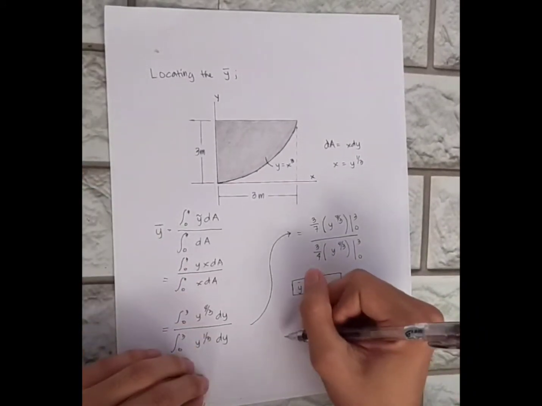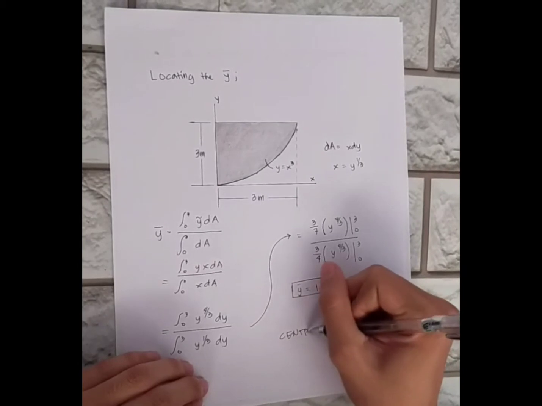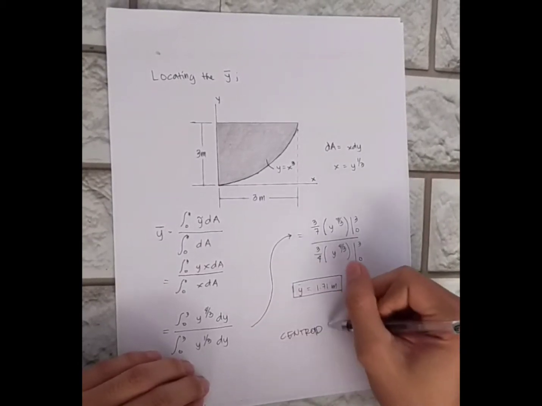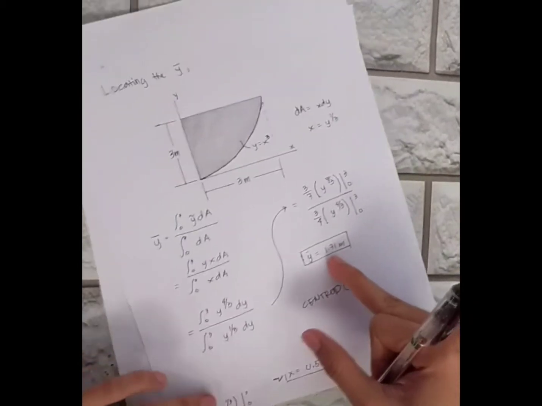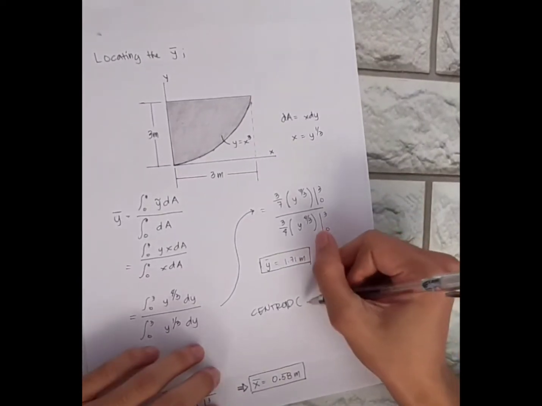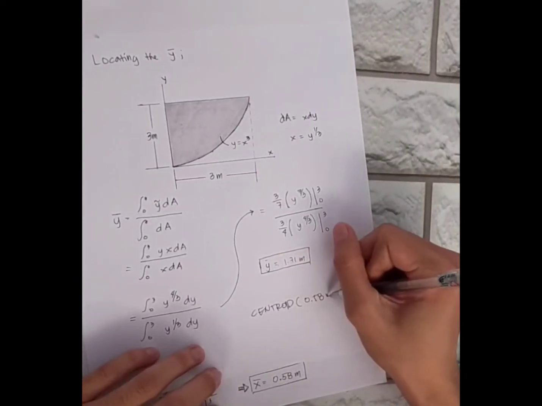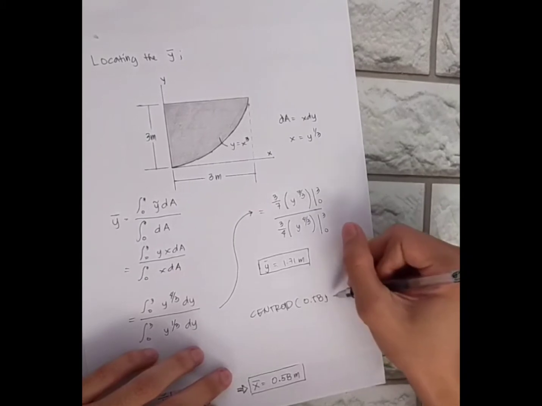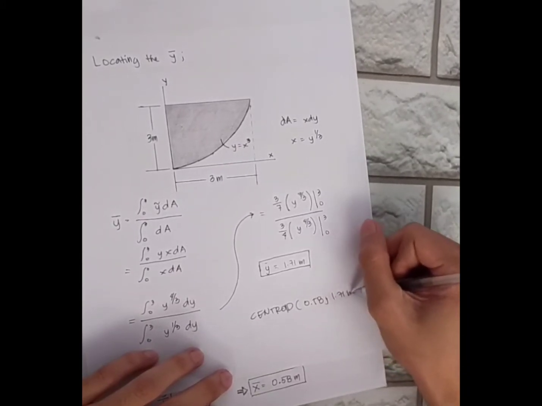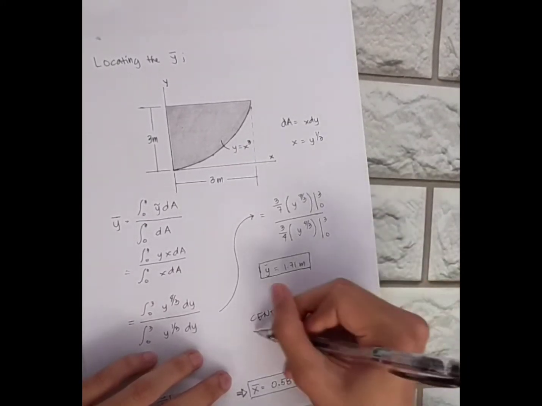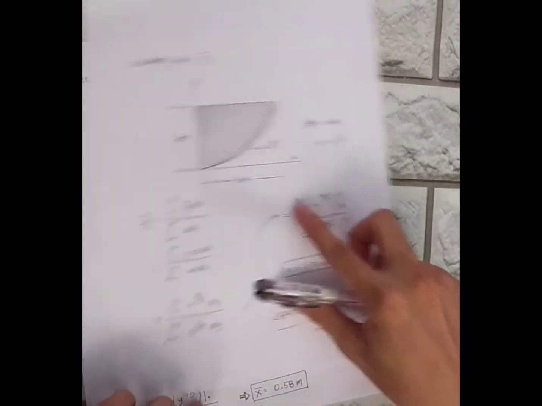So we can assume that our centroid will be x equals 0.58 and y equals 1.71 meters. This will be our centroid in our first problem.